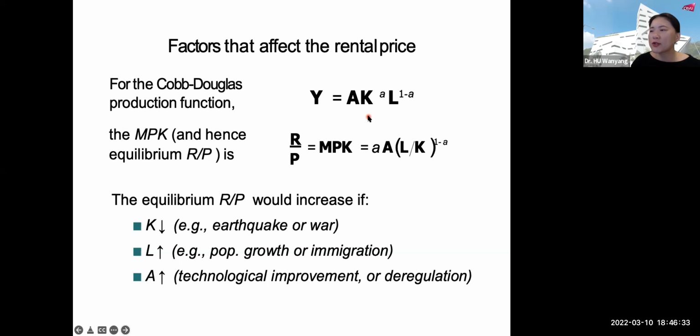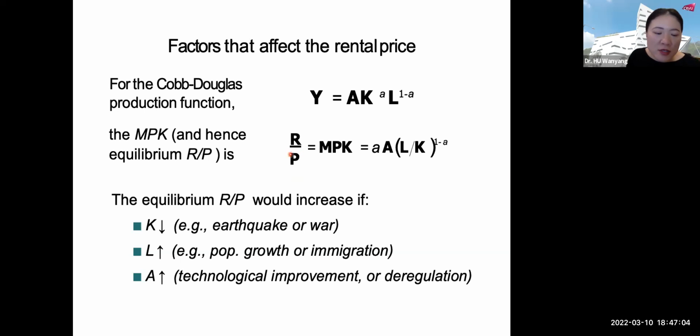You take the first-order derivative with respect to K, and you get A, multiplied by the productivity parameter, and then L divided by K, raised to the power of 1 minus A. This is how we derive the marginal product of capital from the production function. Then you just insert it in the formula, and you will get the equilibrium rental price.